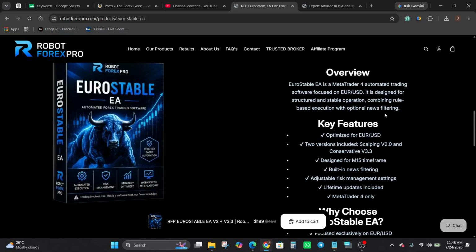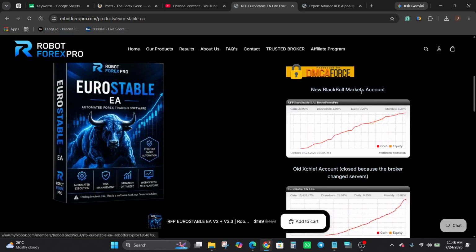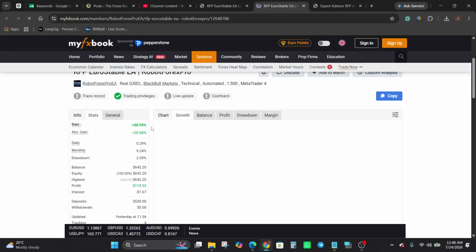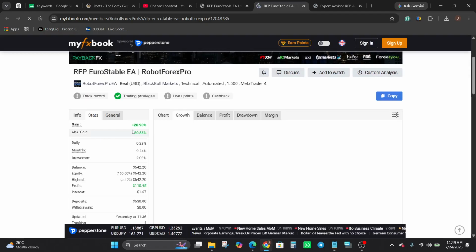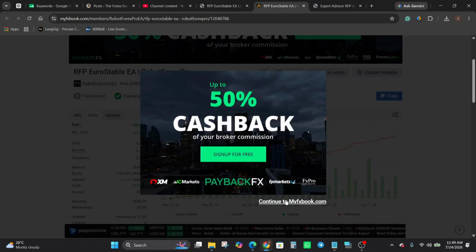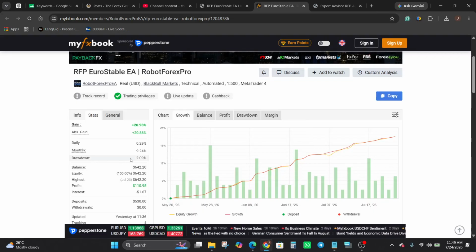Now for the historical side, the current Black Bull account shows a gain of 20.93%. Let's open the page. We can see there is a gain of 20.93%. The absolute gain here is 20.88%, with a noticeably tight drawdown of just 2.09%, a daily average of 0.29%, and a monthly average of 9.24%.